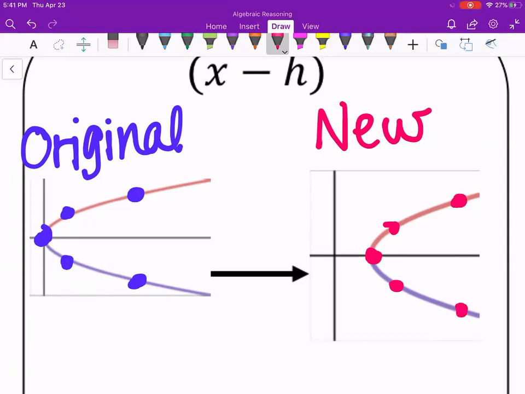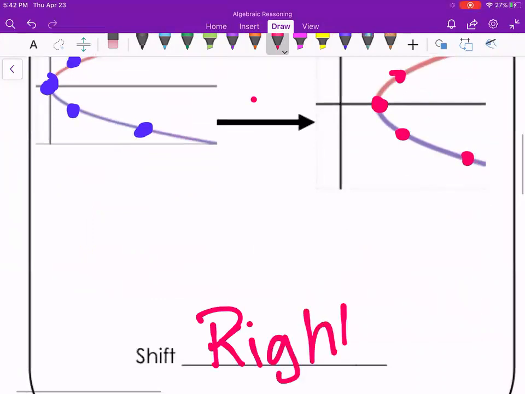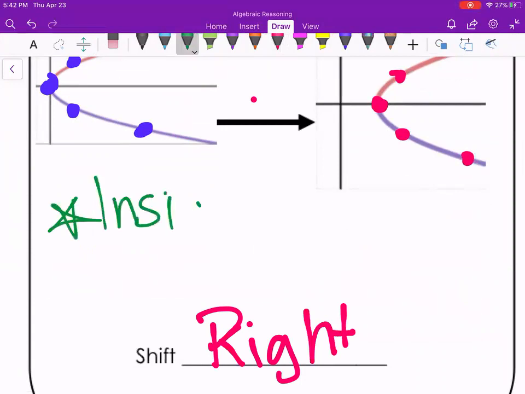So this time we shifted like before, x minus shifts to the right. Again, for that same reason as before, insiders lie.